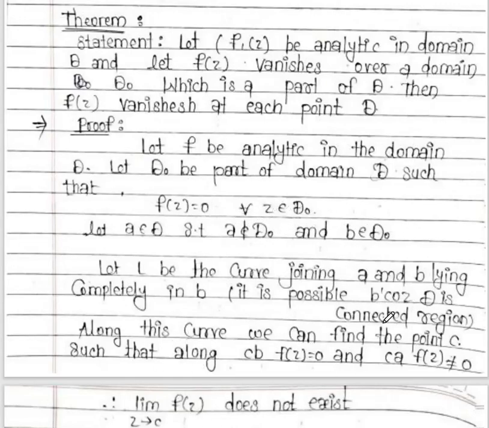To prove this theorem, let us consider A be any point in D such that A does not belong to D0, and B belongs to D0.